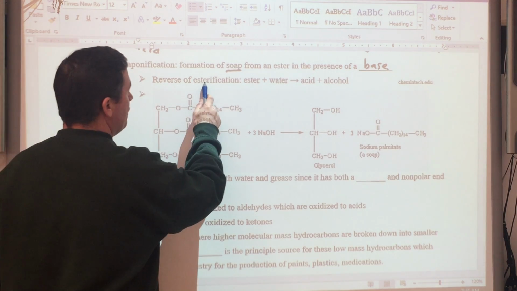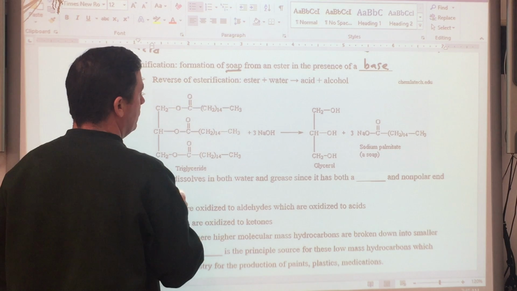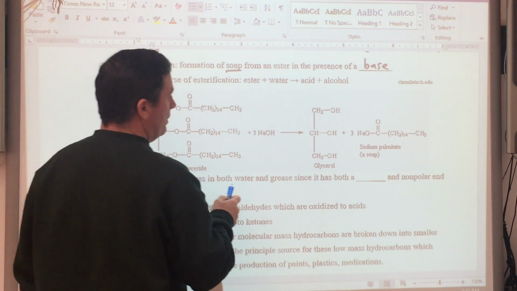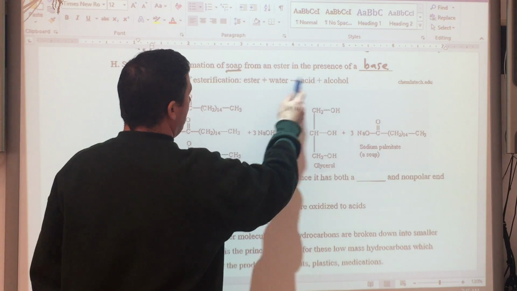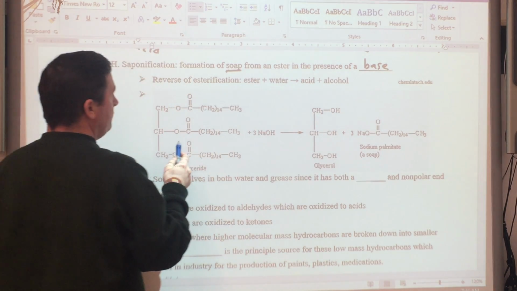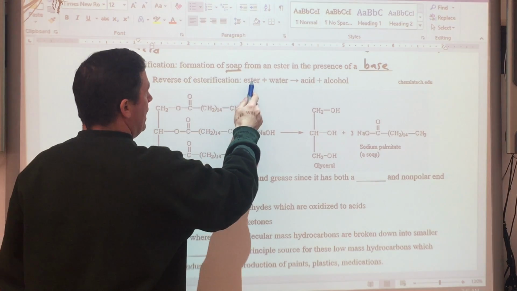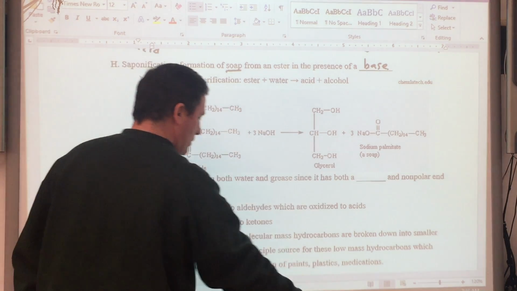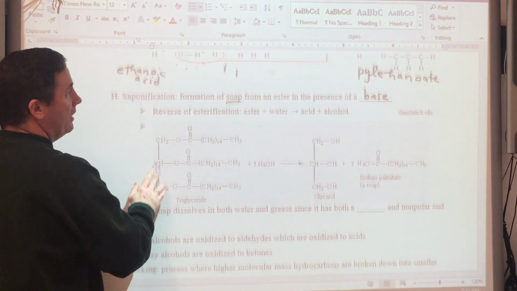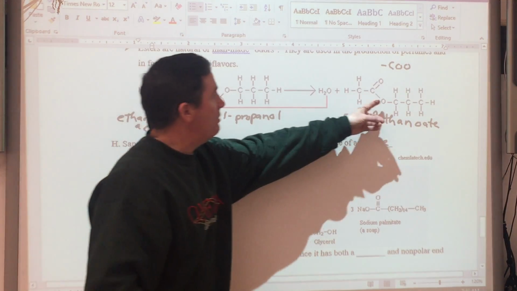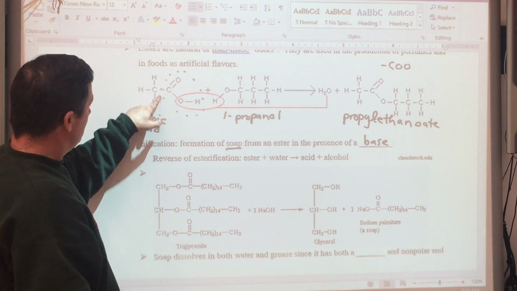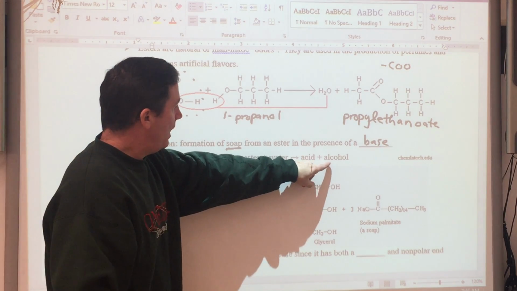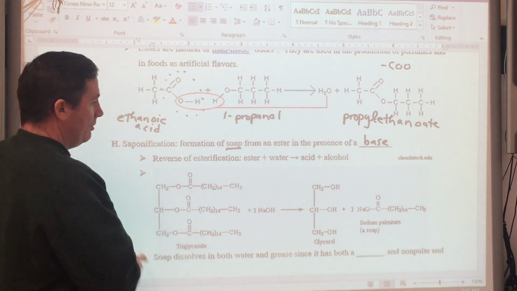This is the reverse of esterification. So in esterification, we end up with an ester. So if we take the ester and add water back to it, we end up getting an acid, like ethanoic acid, and alcohol, propanol.